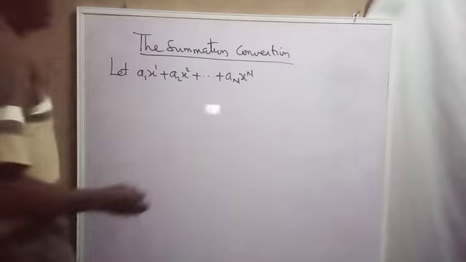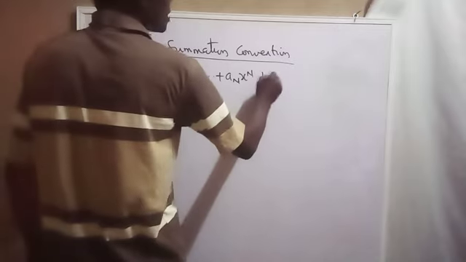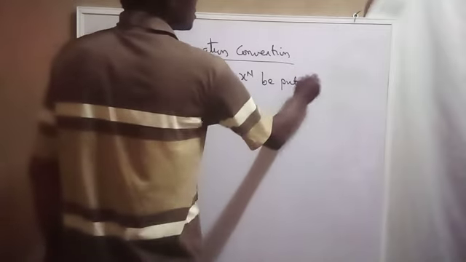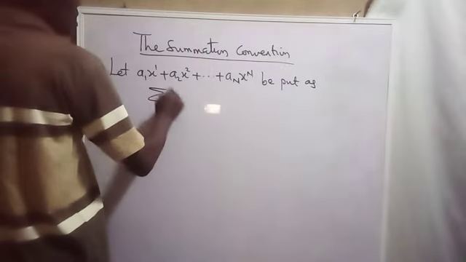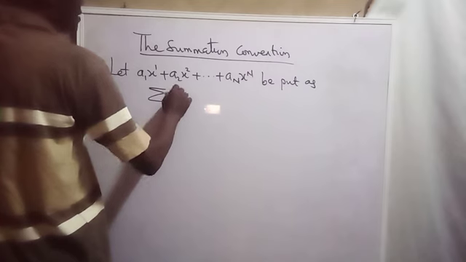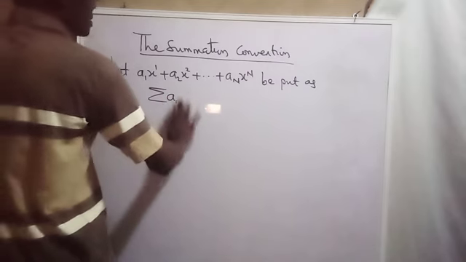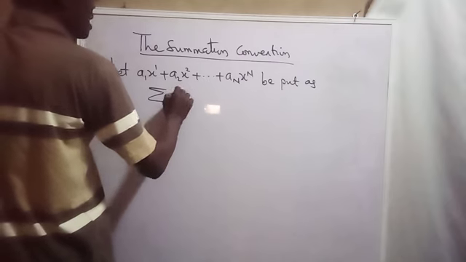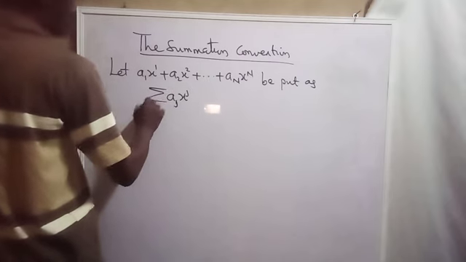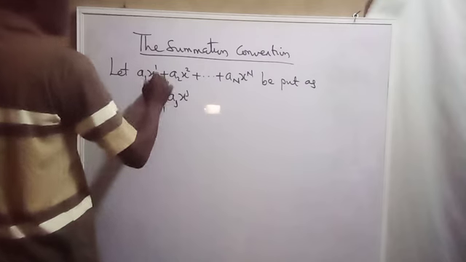You can write it briefly as summation of aj xj, where j is moving from 1 to n.